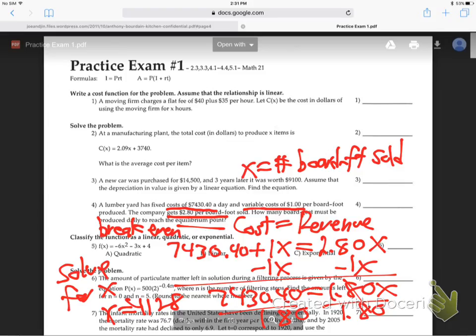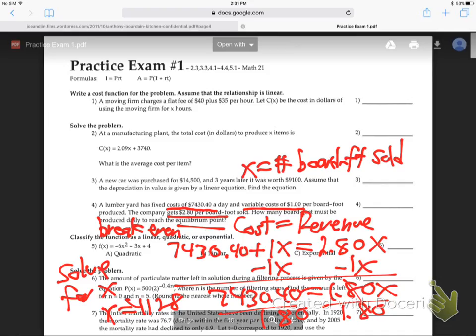Question? Yeah. How do you know what equation to use on this? Where to plug in the numbers? Yeah, so when I read equilibrium point, that was the first thing that keyed me in. Equilibrium means cost equals revenue. That's like a break even. So then I thought, okay, what's cost? Well, I noticed the word cost twice.